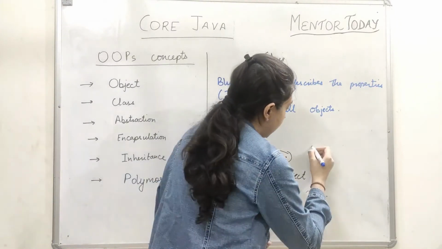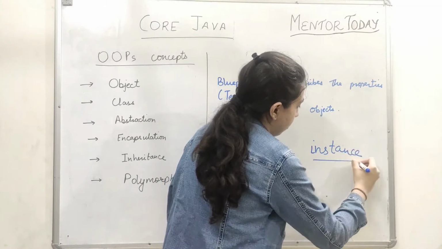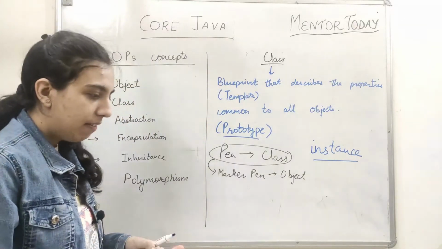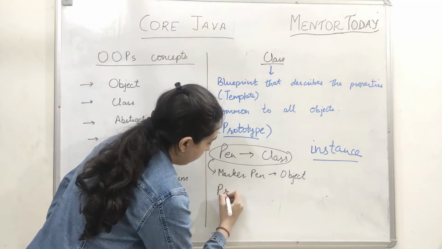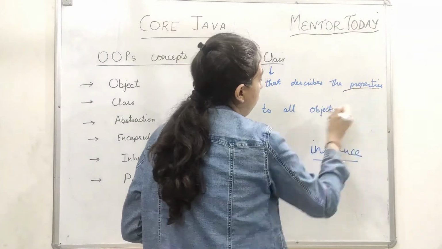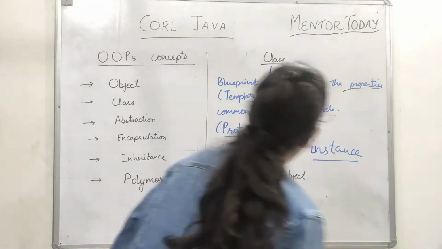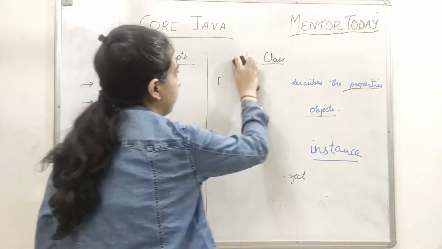I'll write this word instance. Now, as object also has characteristics and behavior, as I told, class also holds characteristics or properties, and these properties are common to all the objects.